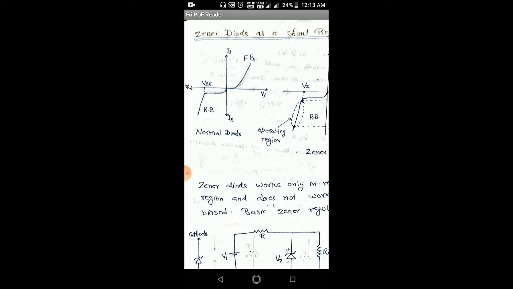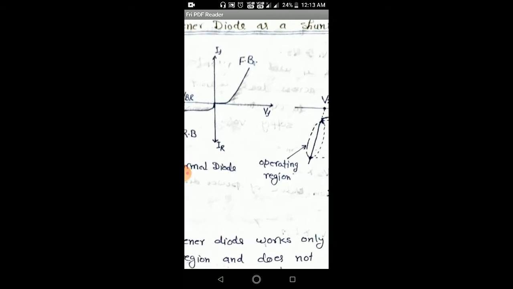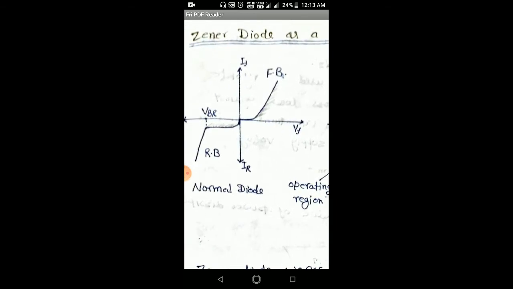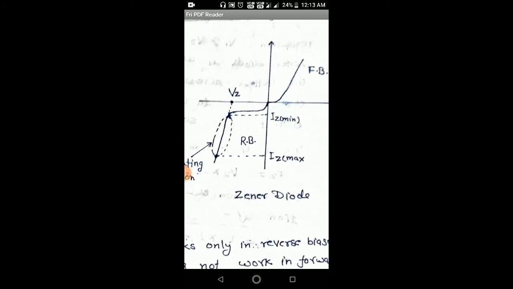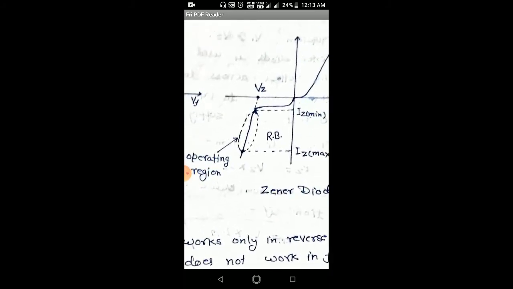In the normal diode, this shaded region is the operating region, but in the Zener diode, the operating region exists after the breakdown voltage, that is called the Zener breakdown voltage.